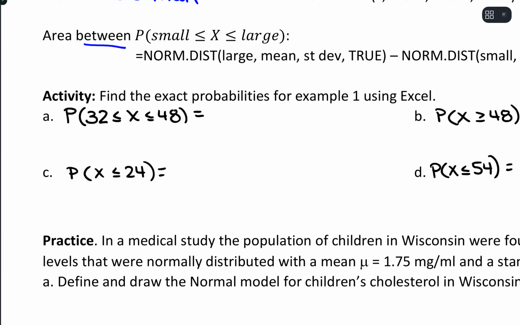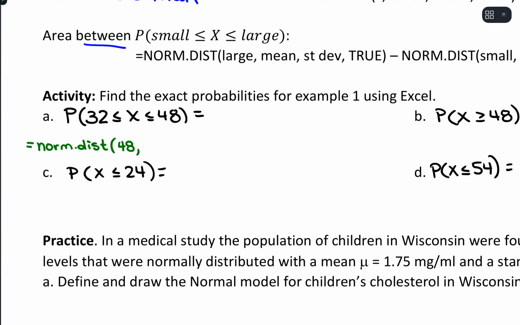So this part A, looking between two values, is definitely the trickiest to input, so why not start there? So first thing we need to notice is that 32 is the small value, 48 is the large value. So what we're going to put into Excel is this difference of the large value minus the small value. So I'm going to type into Excel as equals norm.dist, listing that large value of 48.